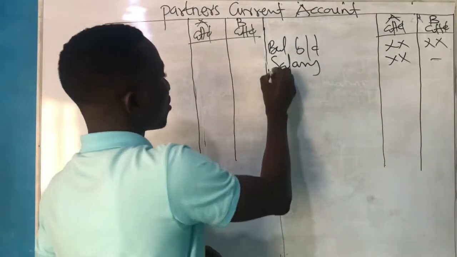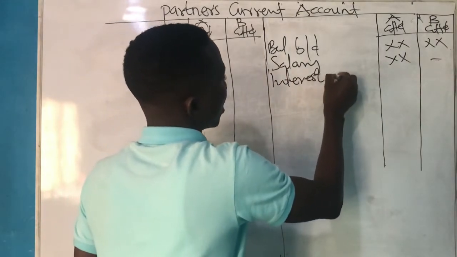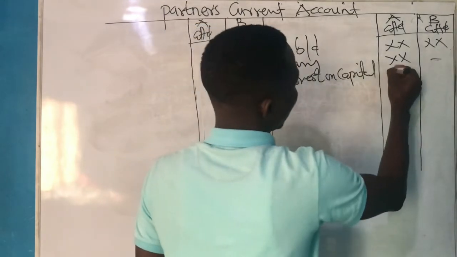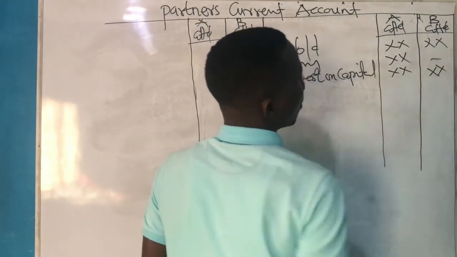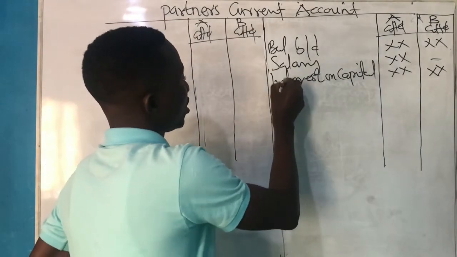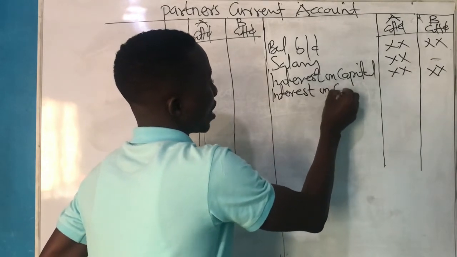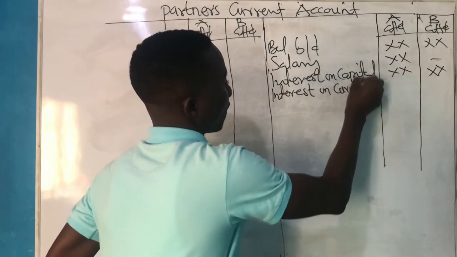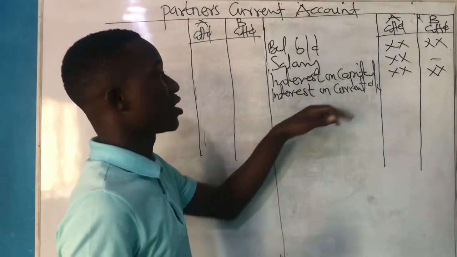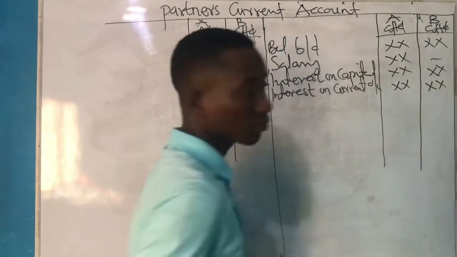If there is any interest on capital, let's say for both partners, it will be credited. Maybe there is an interest on current account. If there is an interest on current account, it will be credited. Is that okay?